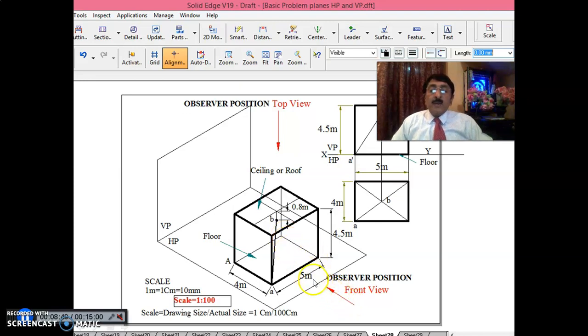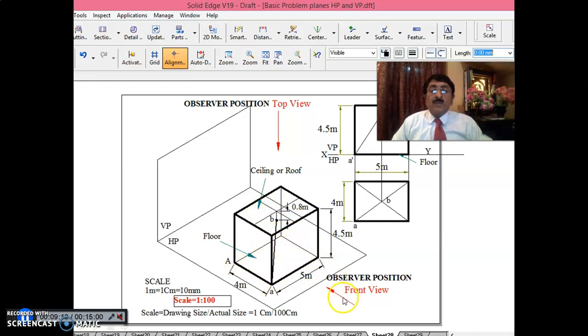Once you do this, this is the ceiling of the room, that is the top surface, the roof. This is the left wall. Can you follow? This is the front wall, and this is the right wall. This is the back wall. And this, you understand, is compulsorily the floor or ground of the room.